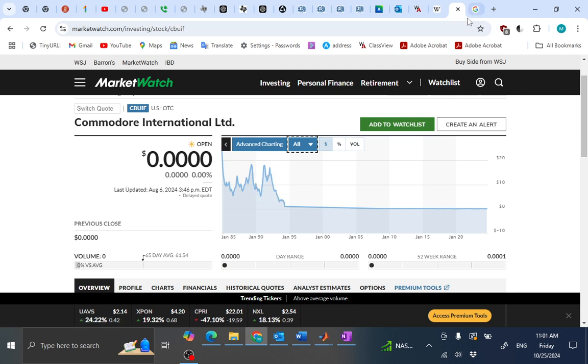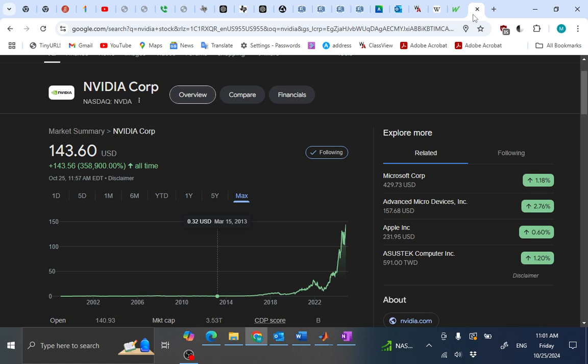Opposite to this picture is the picture of another company, very much in vogue these days, the Nvidia company. Once upon a time, the shares were like 4 cents, and now it is 140 some dollars. So your money would grow by a factor of 4,000 from 25 years ago up to now.